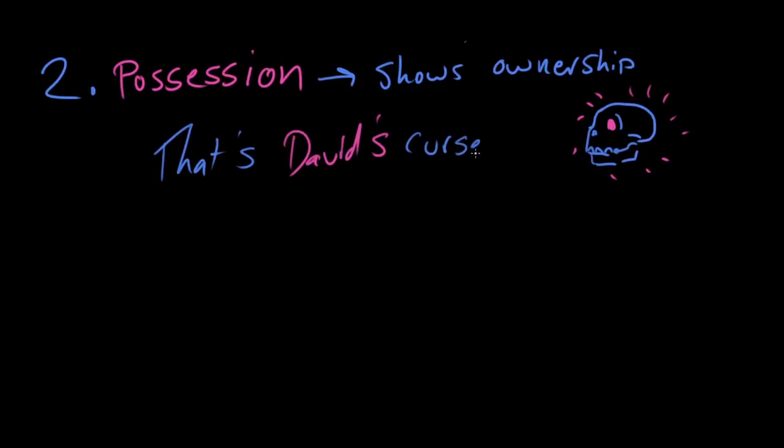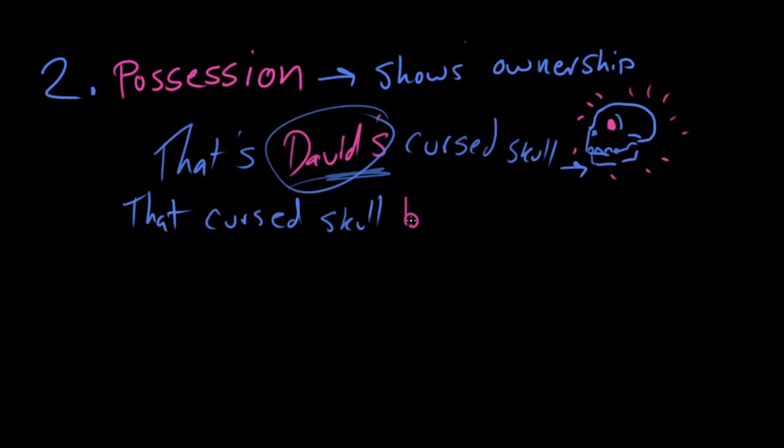But what's going on here? What is this doing the same work as? So this sentence basically means that cursed skull belongs to David. This first sentence, that's David's cursed skull, is just an easier way to say that.